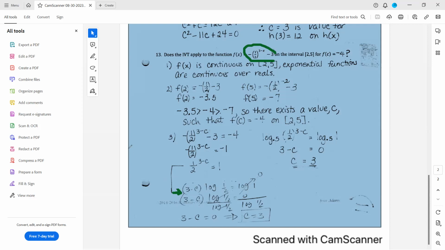let me show you something. So my equation is, she got a value and it was 3, right? And my equation is -1/2 to the 3 minus x is -3.